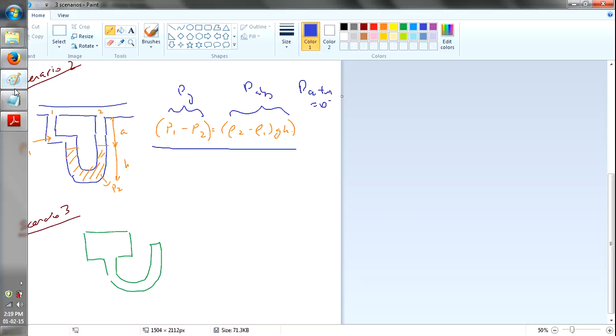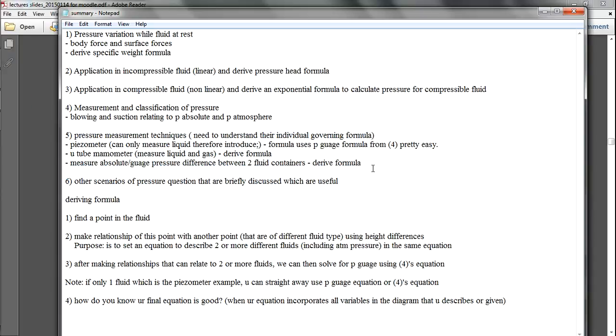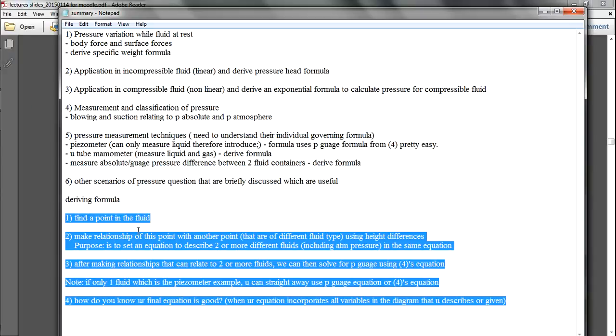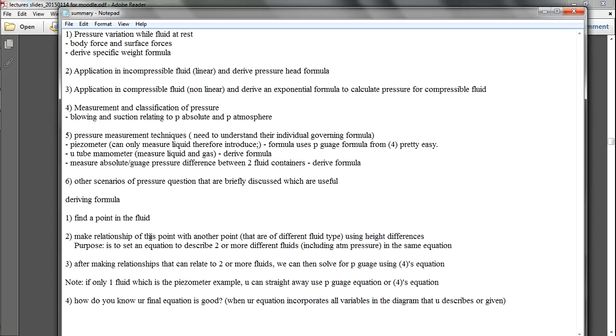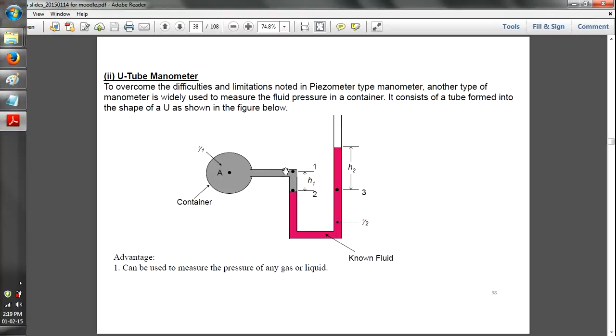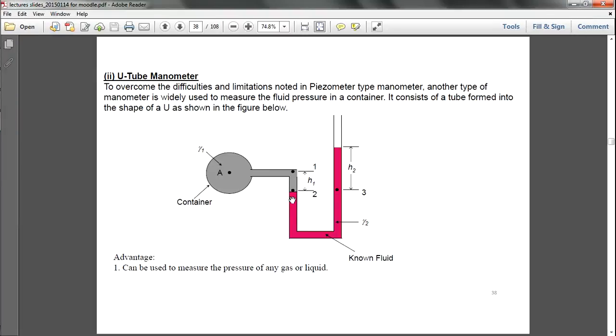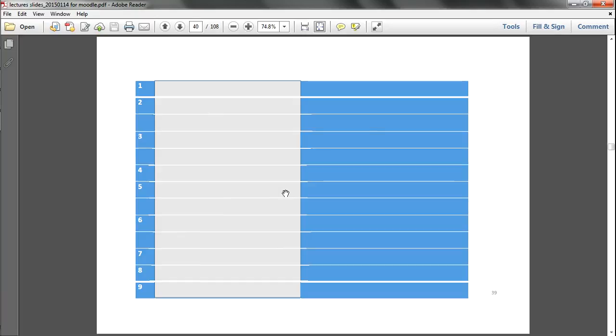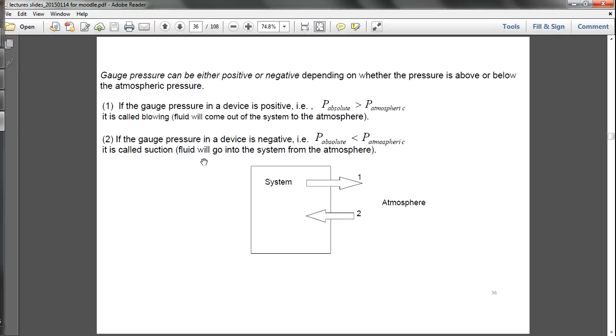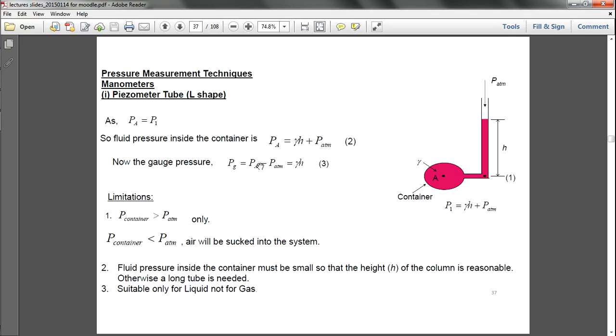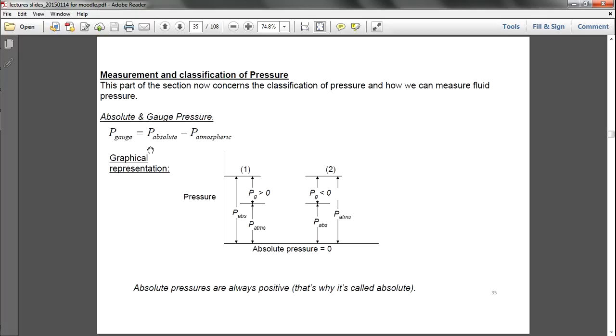And then in order to solve these things, we use this step-by-step basis. You find a point of fluid, you make a relationship with this point, and then you try to link up whatever points are in the diagram, and then you create an equation that is equivalent to this form, or this form, and then you solve for P gauge.